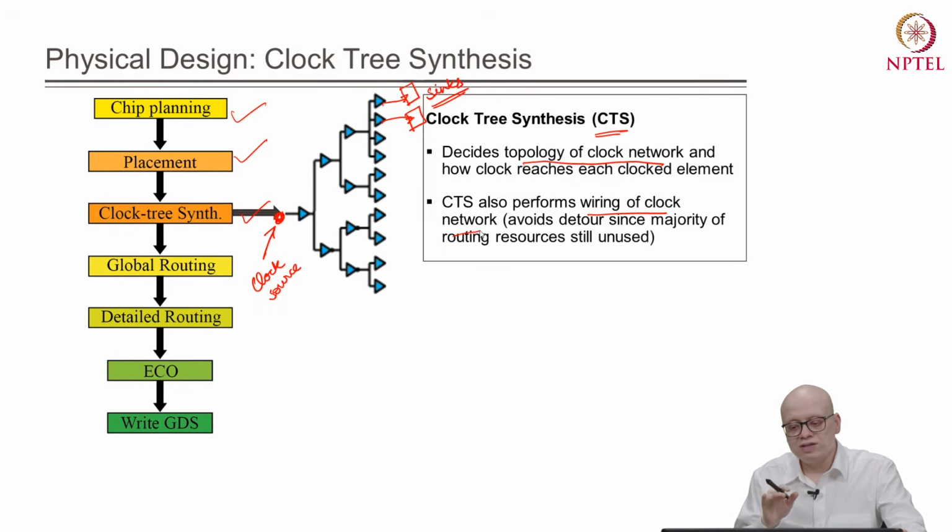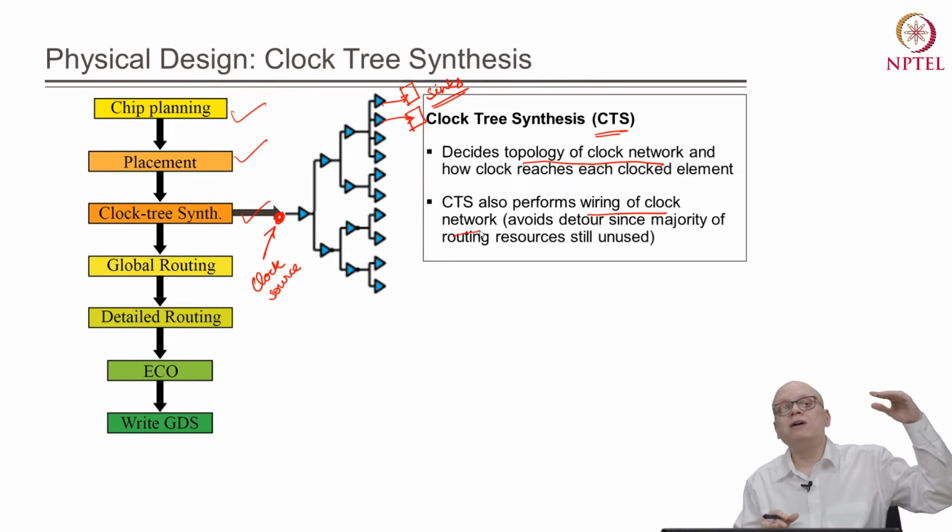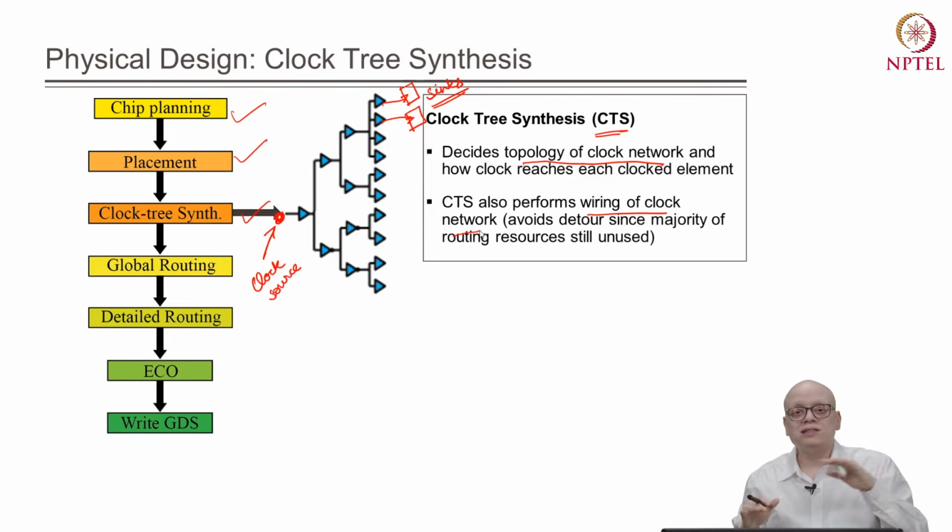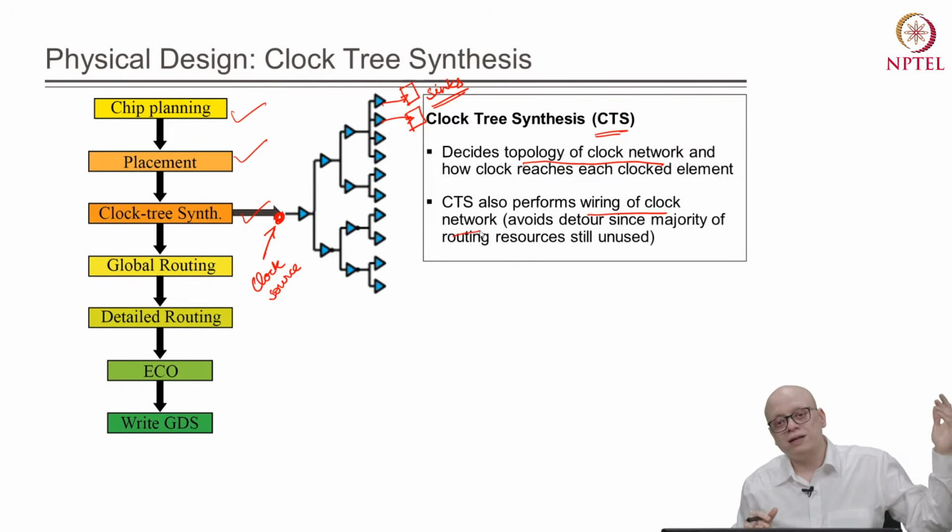So, during the CTS stage, we have not yet routed the other signals; we are routing the clock signals first. Why? Because the routing resources are fully available. Till now we have used routing resources only for the power delivery network, how power goes from the power source to each of the standard cells, which was decided in the chip planning or power planning stage.